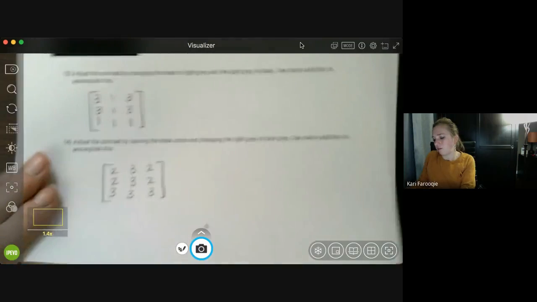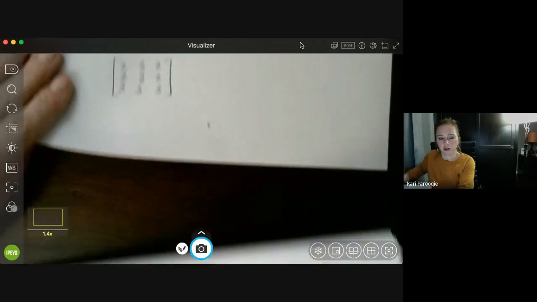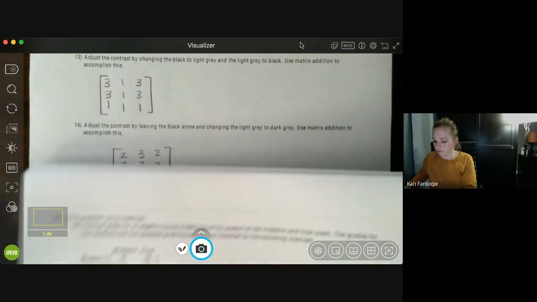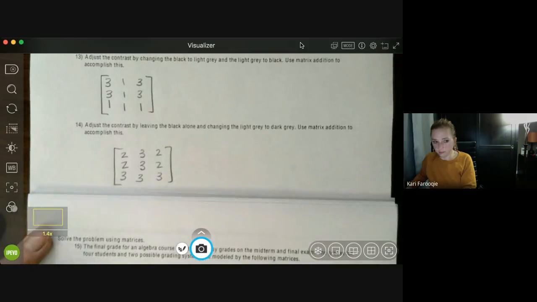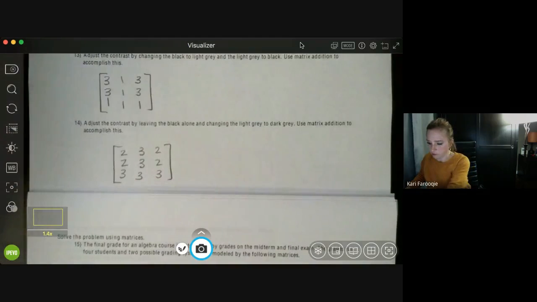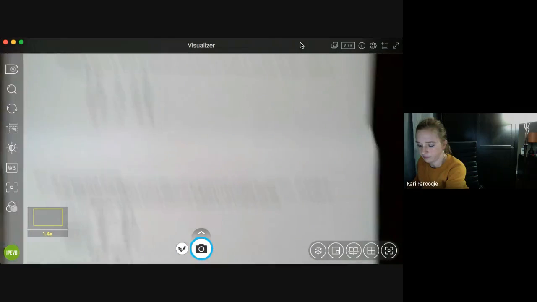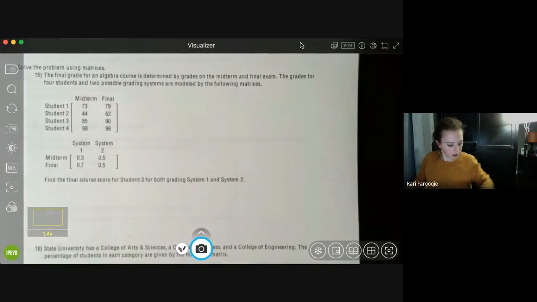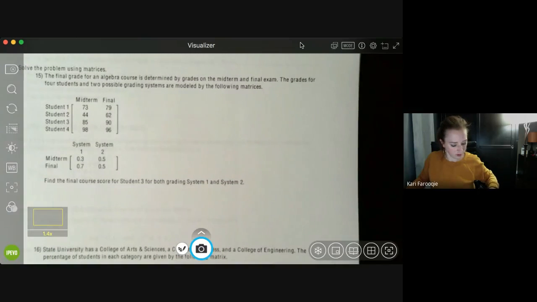And then second page, same thing. We're not going to have time for that next time. So if you are interested, number 15, the answer is, let's see if I can find it.